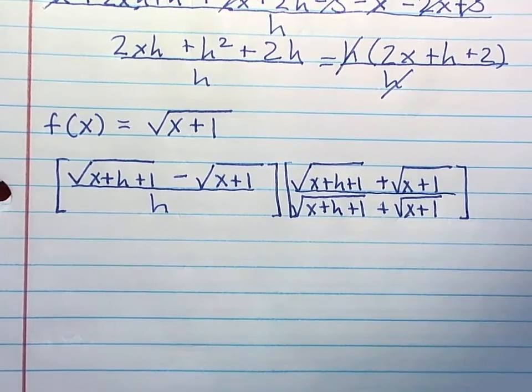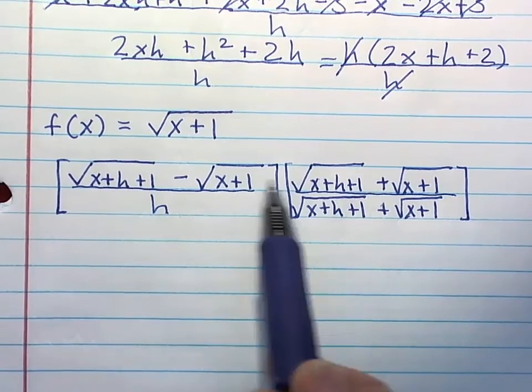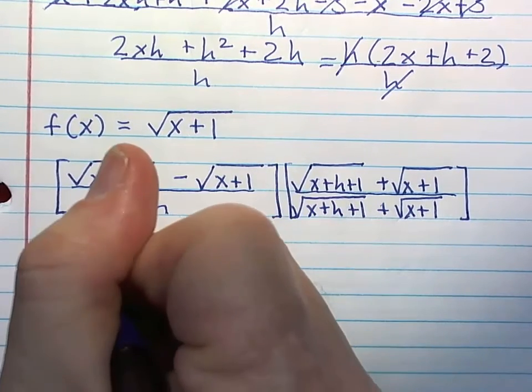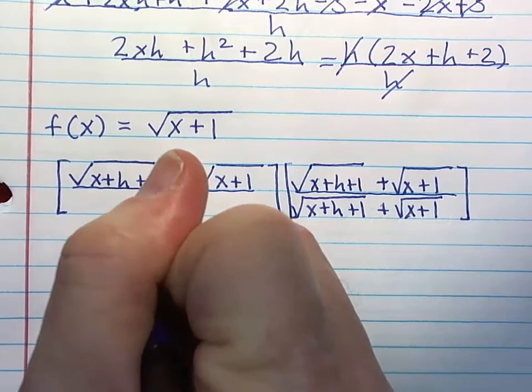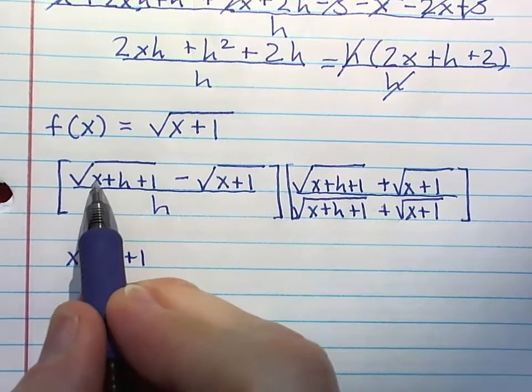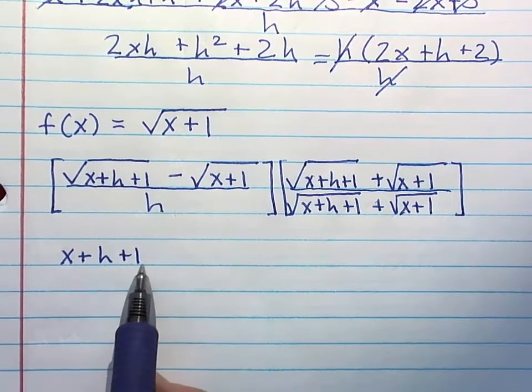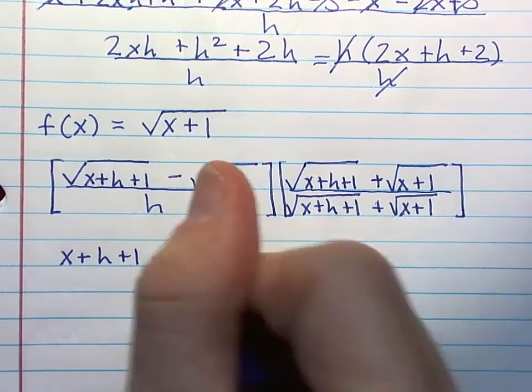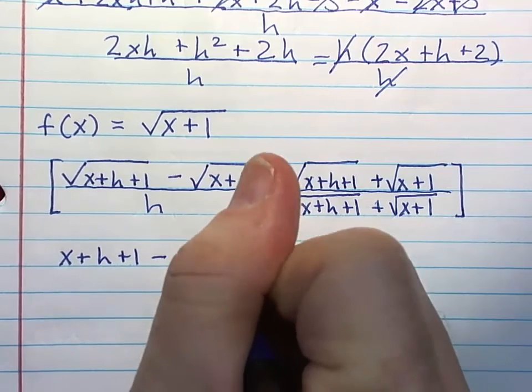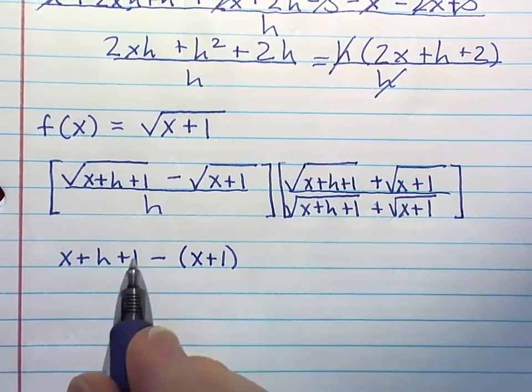Now, the reason I do that is if I multiply this out, I get the first thing squared. The square root of x plus h plus 1 squared is just x plus h plus 1, minus the second thing squared. The squaring just gets rid of that radical.